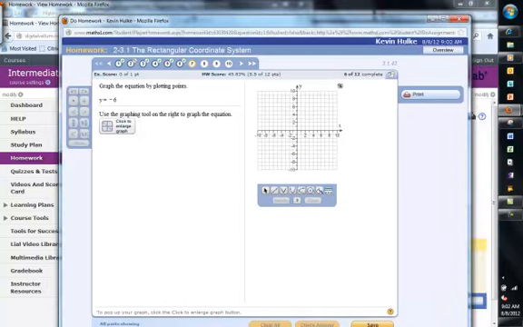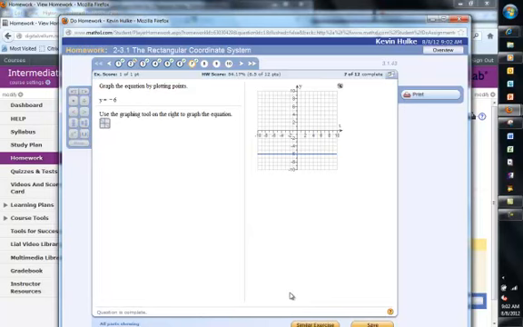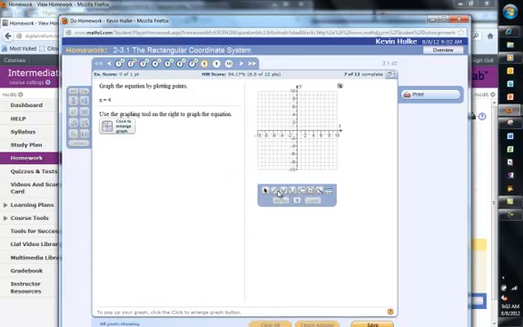The other way to think about it is that if it's y equals something, it'll be parallel to the x-axis. If x equals something, it's perpendicular to the x-axis.